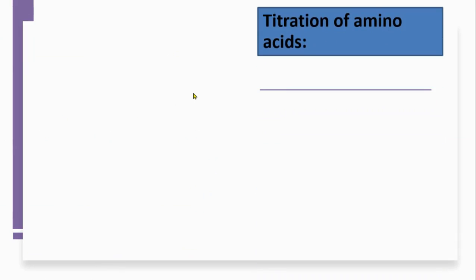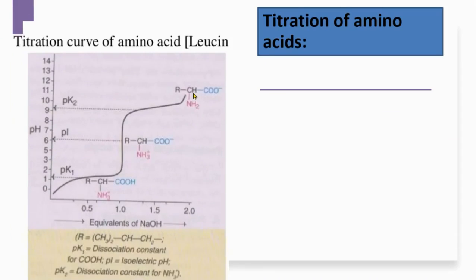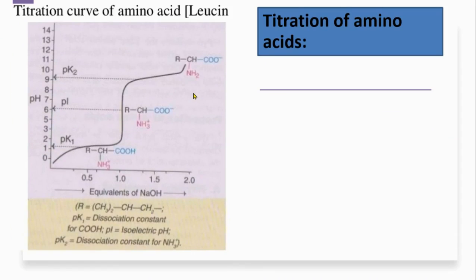Now, the existence of different ionic forms of amino acids can be very well explained by using the titration curve. Here, the titration curve of leucine is represented. Please see this titration curve carefully.